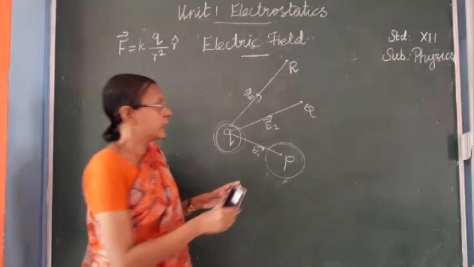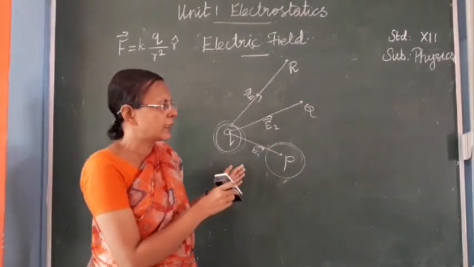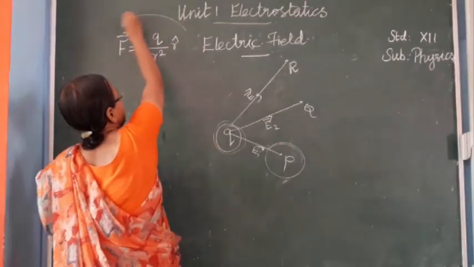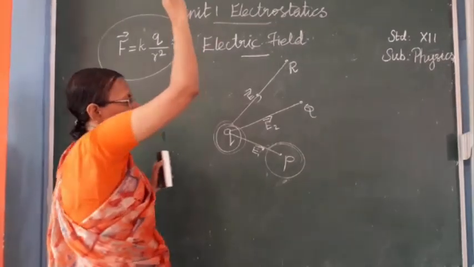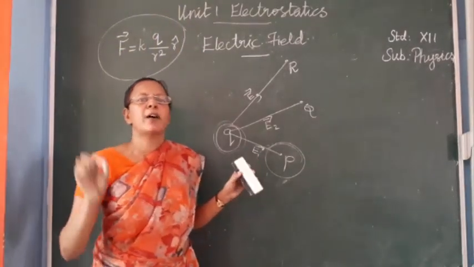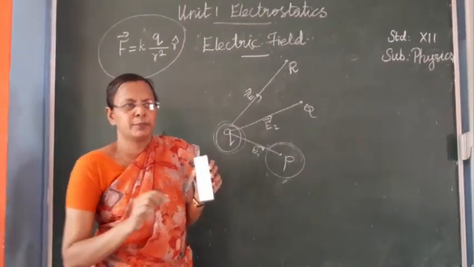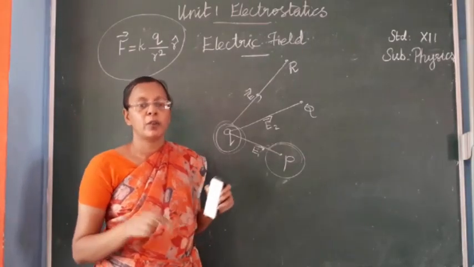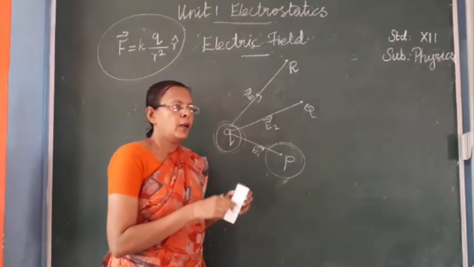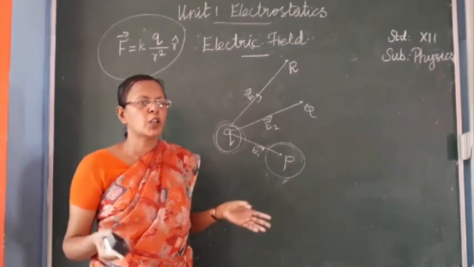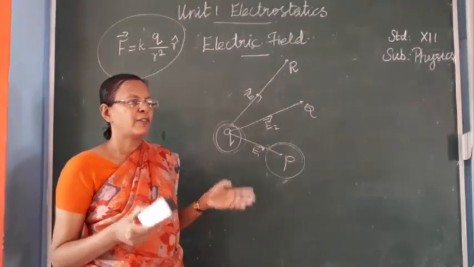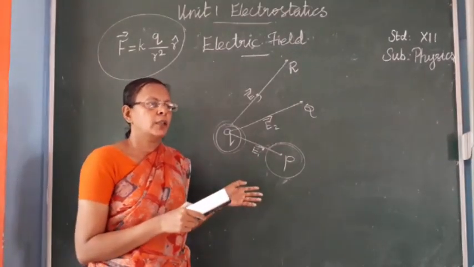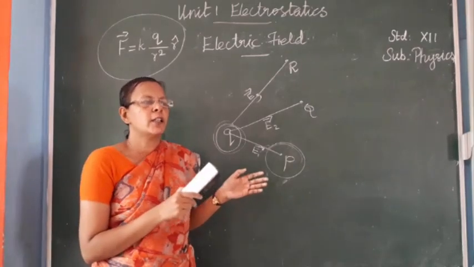One more thing: this formula is suitable only for point charges. If we have more charges, to find the vector sum we have to use the integral method.